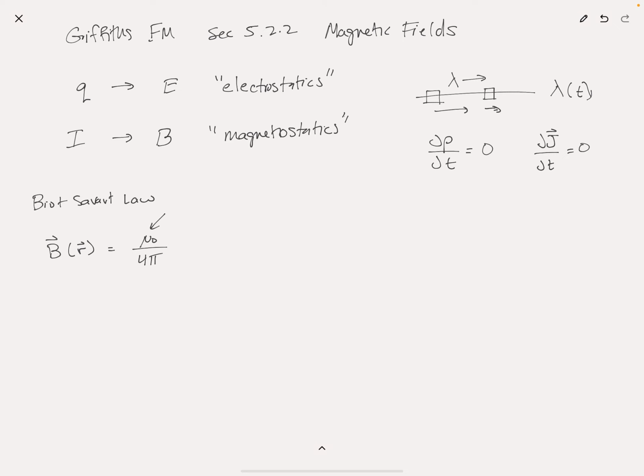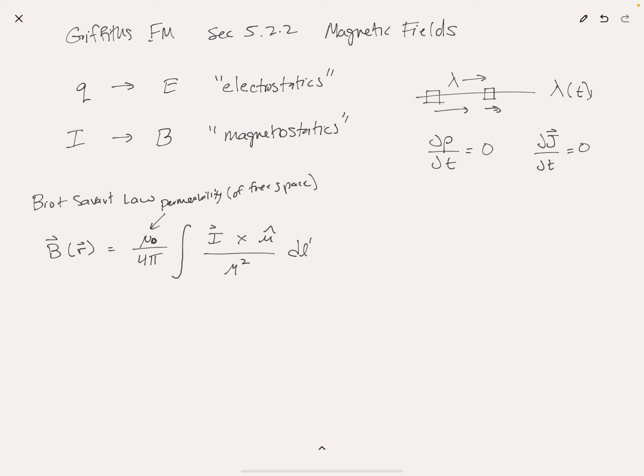This constant is something you've probably seen before. It's the permeability. And the naught, the circle at the bottom, means it's of free space. This is related to the integral of our current, which is a vector, crossed with script r hat over the magnitude of script r squared, integrated along all of that current carrying area.